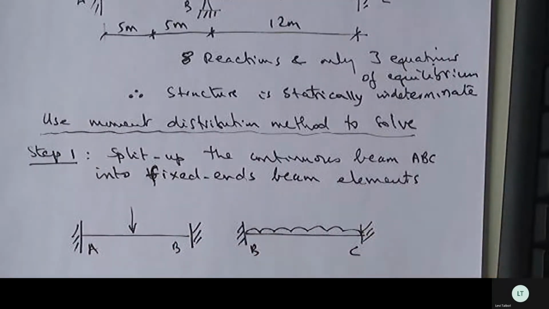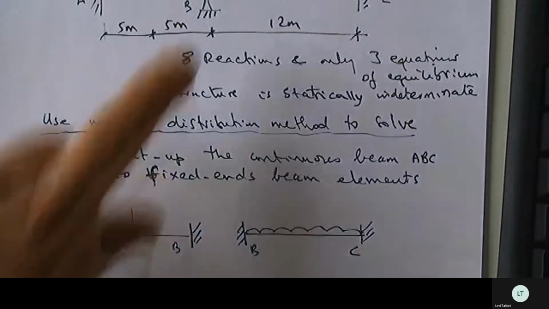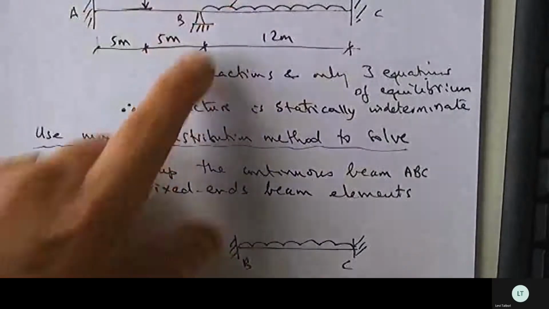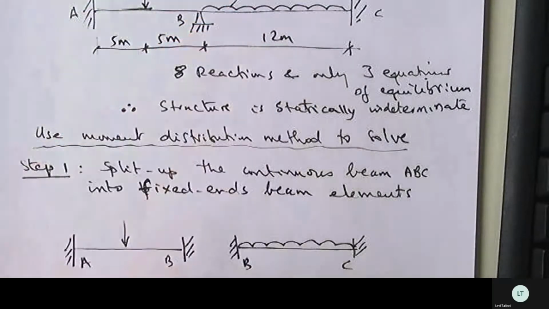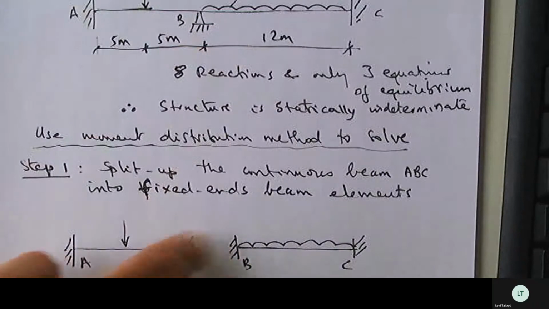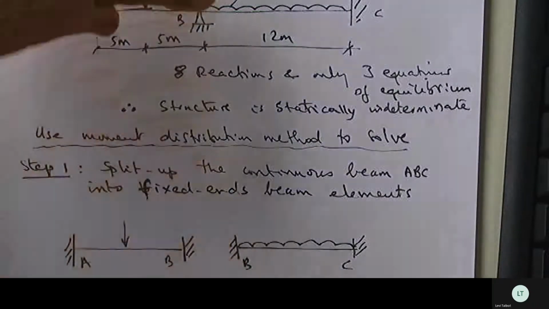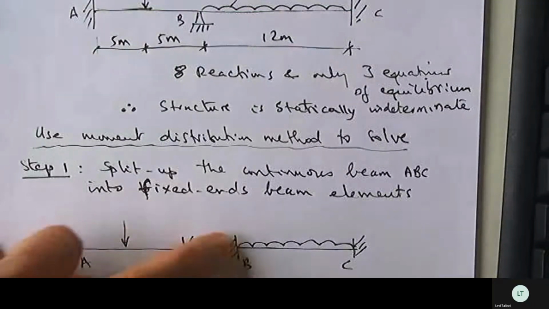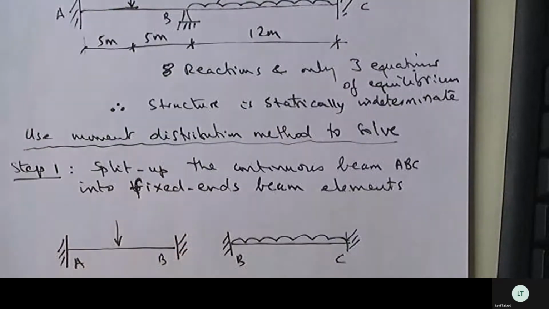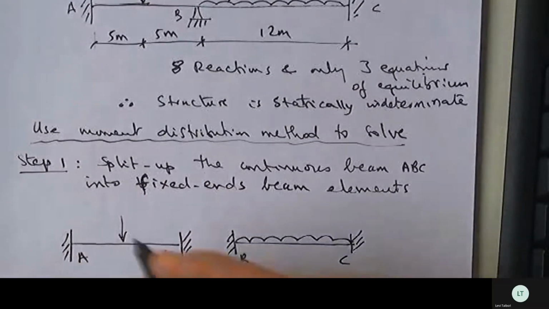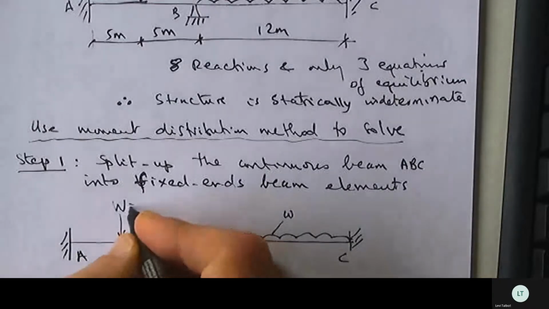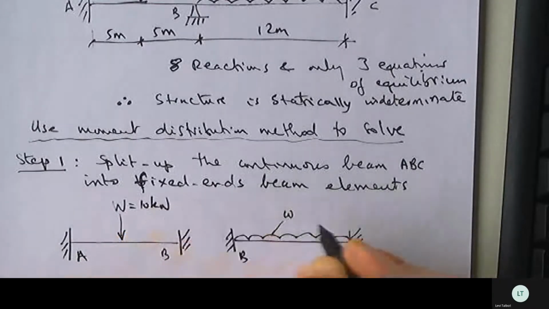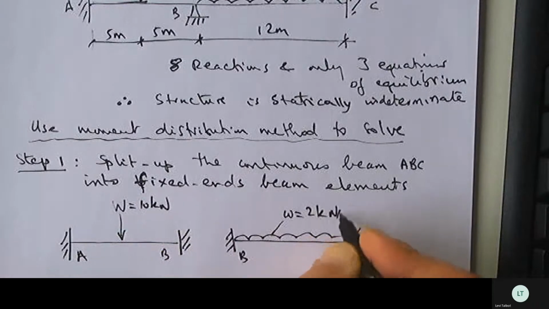When you split up a continuous beam, remember this, always the intermediate support becomes fixed. Is that clear? Okay? Now, so we have got this load here and we have got the load there, so we have 10 kilonewtons and 2 kilonewtons per meter.